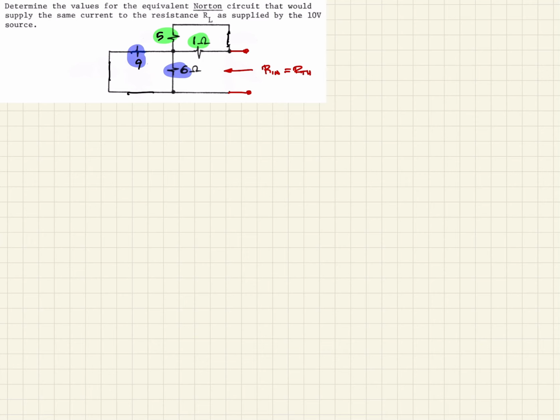So what that's going to mean then is that our R input, or R Thevenin, is going to be equal to 6 in parallel with 9 plus 5 in parallel with 1. And so when we calculate that out, we can write it out. It's 6 times 9 over 6 plus 9 plus 5 times 1 over 5 plus 1.